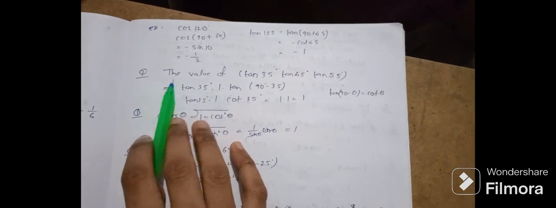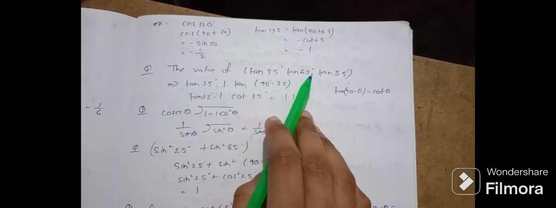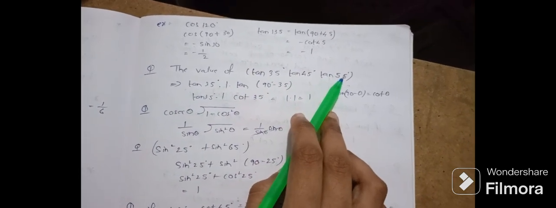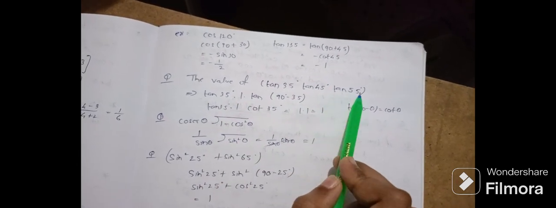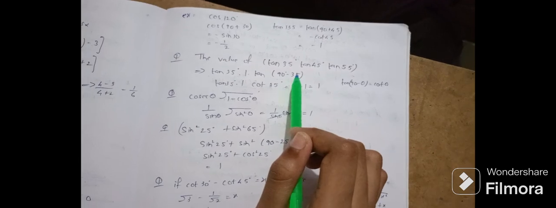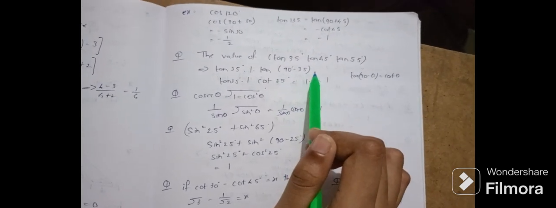Here the question is the value of tan 35 degrees, tan 45 degrees and tan 55 degrees. Here tan 35 stays as it is, tan 45 has the direct value 1, and tan 55 can be written as tan of 90 minus 35. Here 90 is an odd multiple, so tan will change to cot as the complement, and it lies in the first quadrant, where everything is positive, so no need to worry about the minus sign.